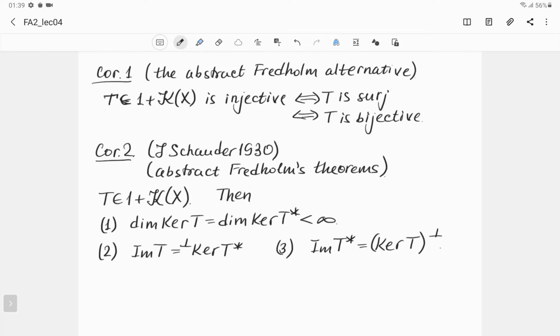By the way, if we apply this result to the special case where the respective compact operator is the Hilbert-Schmidt operator, a Hilbert-Schmidt integral operator on the big L2 space, then these 3 statements become the classical Fredholm theorems on integral equations. Well, you will see the details in exercises in exercise sheet 2.